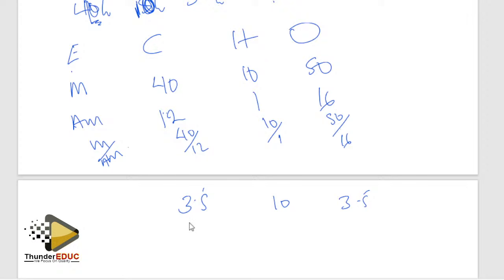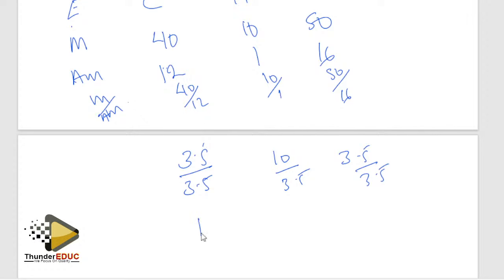So you divide by the smallest, 3.5. Here you get 1. Here you're going to get maybe 3 or 2.7, maybe 2.9 or 2.8, whatever. And then here is going to be 1. You understand?